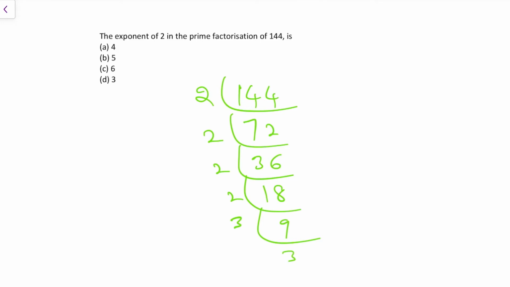Now let us write how many times each number is coming, and in this question he is asking only the exponent of 2, so I need not worry about any other numbers. Here 2 2 2 2, so 2 is there 4 times, which can be written as 2 power 4. So option A is the correct option.